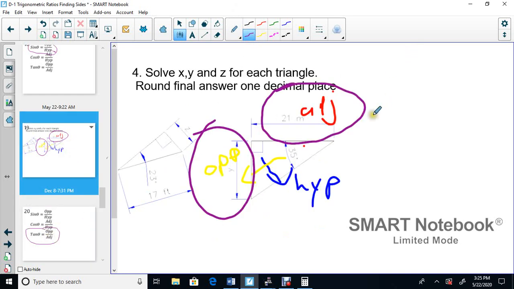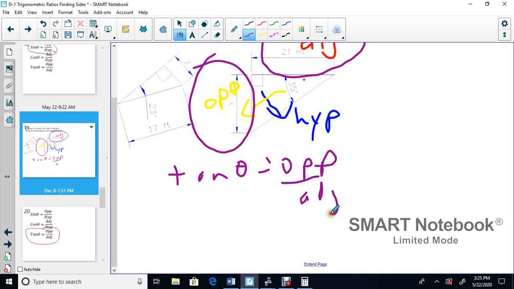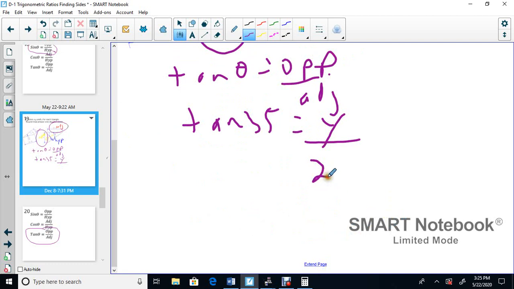So we go back to the question. So tan of theta is opposite over adjacent. That theta, tan of 35. Opposite is y. We don't know what it is. Over adjacent is 21. So over 21. In this case, I'll do it the other way where I find the answer out.